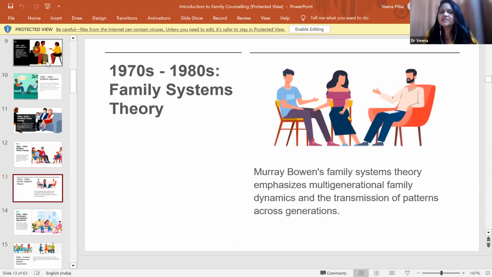In the 1970s and 80s, Murray Bowen's family systems theory has a lot of importance. It emphasizes multigenerational family dynamics and the transmission of patterns across generations. It also emphasizes the role of each family member, how significant it is, and also the communication patterns and the family structure itself, whether functional, dysfunctional, or enmeshed. These were discussed more during this era.